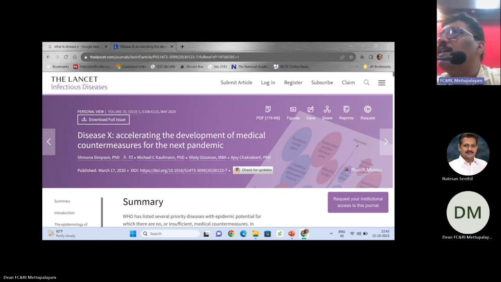You would have heard about monkey fever, bird fever, Middle East respiratory syndrome, coronavirus, Nipah. Everything is related to zoonotic origin. And the next disease X is also going to be of zoonotic origin. You understand that everything is going to be related to biodiversity.